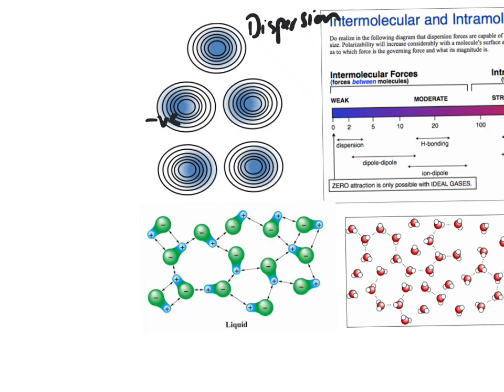The opposite side of that atom then will have a partial positive charge, plus delta, positive. And what that does is it induces a dipole, an instantaneous dipole, and it affects the other atoms around it.